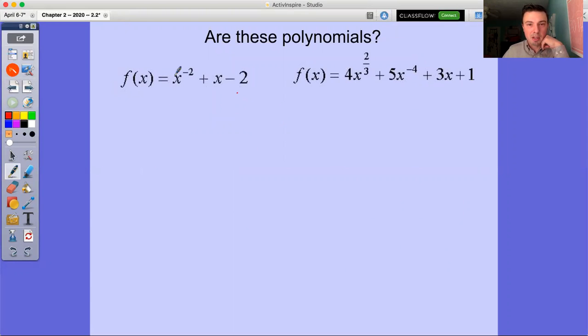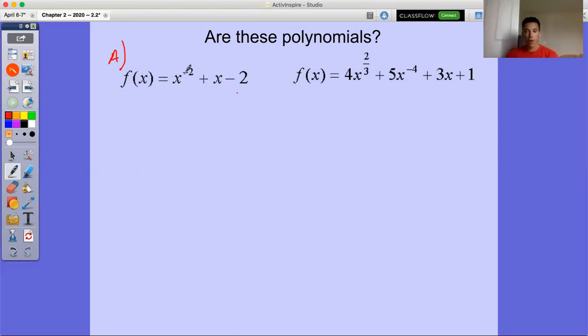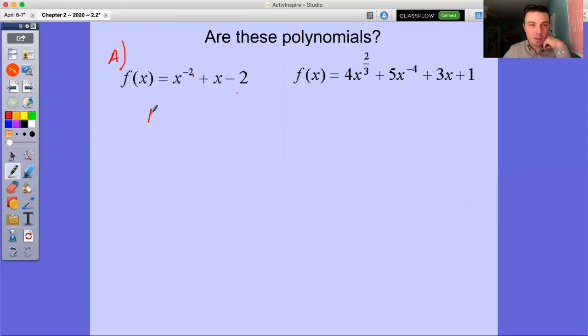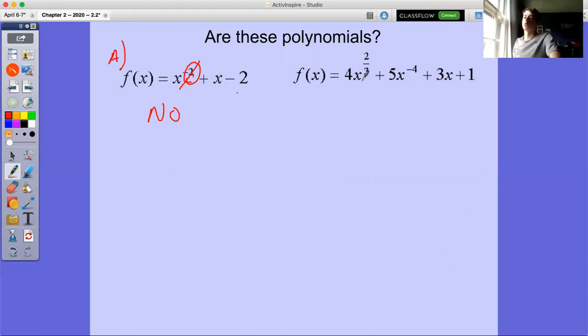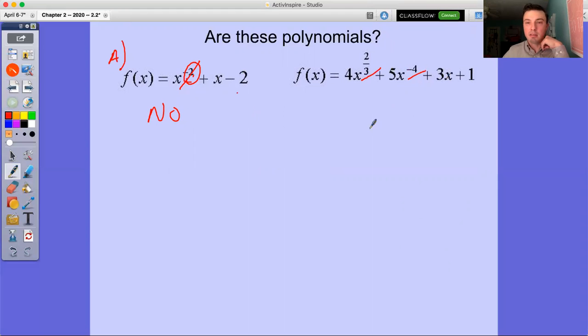Is this one a polynomial? This one right here? No. It is not a polynomial because we know that this is a negative exponent. So no, it is not a polynomial because of that negative exponent. This one over here? No, because we have fractional exponents and negative exponents.